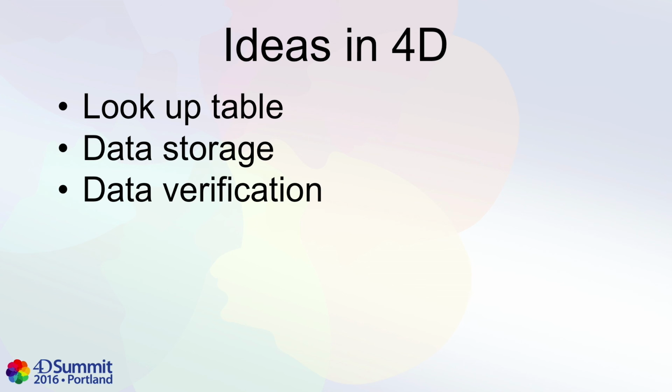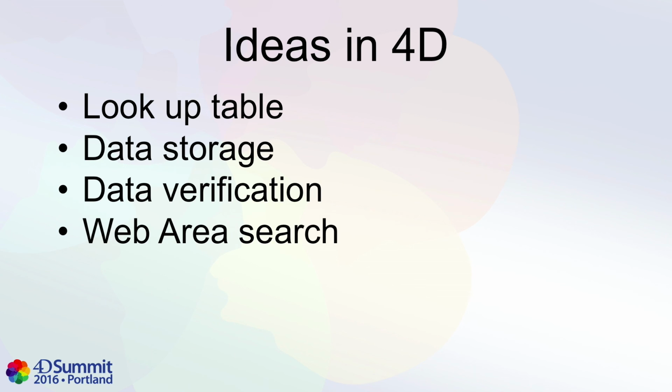Data verification, for instance, if you made some IDs and you wanted to give access to certain people, and you assign certain numbers, you can run a card scanner or some sort of device just to verify that information can be passed through if you use these devices. For the web area search, you can use the barcode scanner on there, and then just copy that text to like the Amazon website, and you could go directly to that.